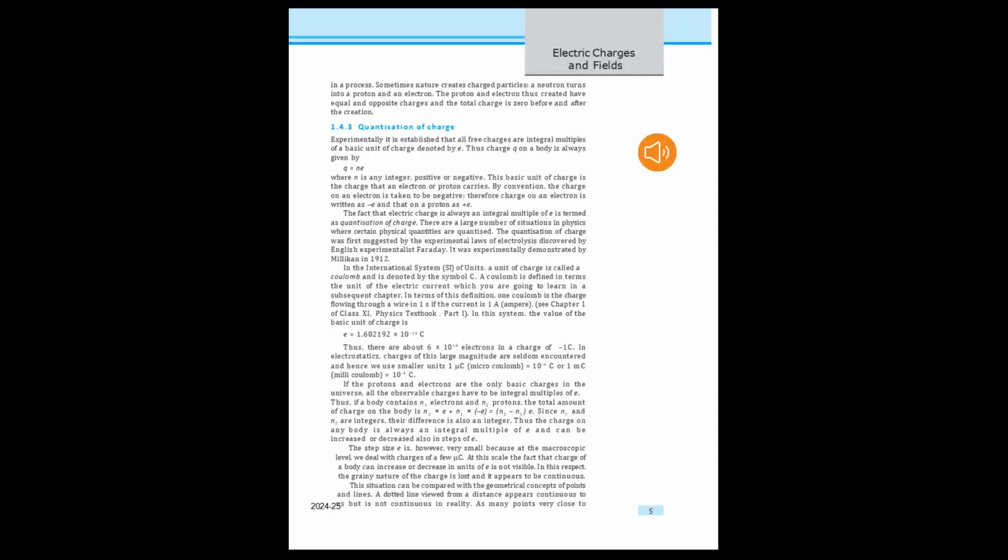This situation can be compared with the geometrical concepts of points and lines. A dotted line viewed from a distance appears continuous to us but is not continuous in reality, as many points very close to each other normally give an impression of a continuous line. Many small charges taken together appear as a continuous charge distribution.